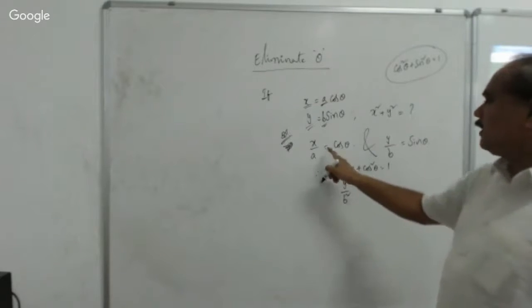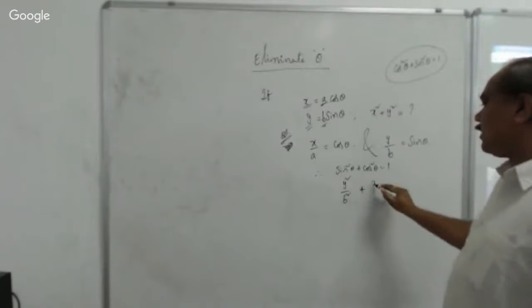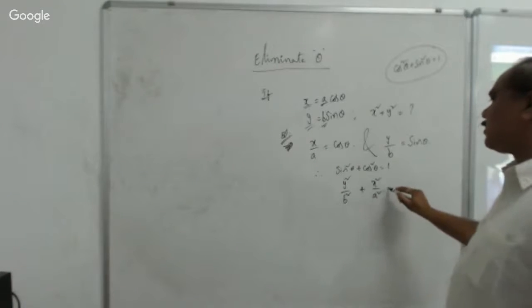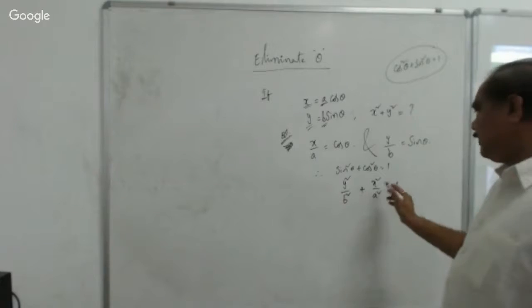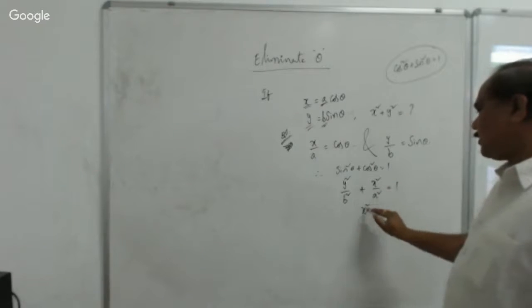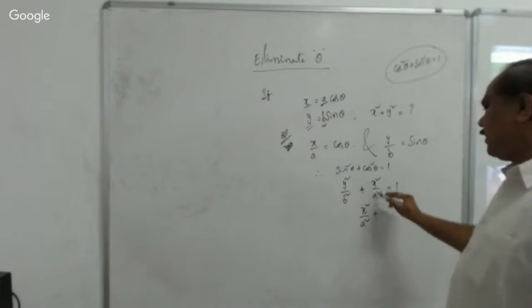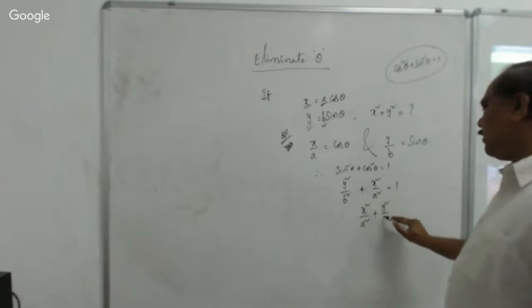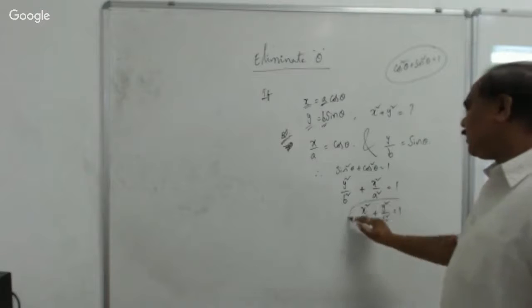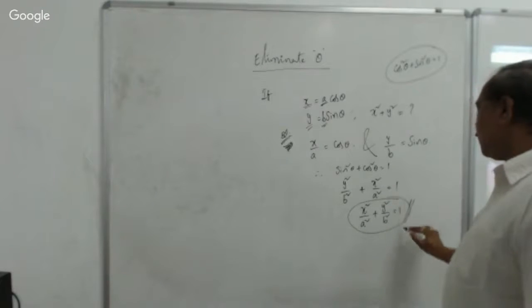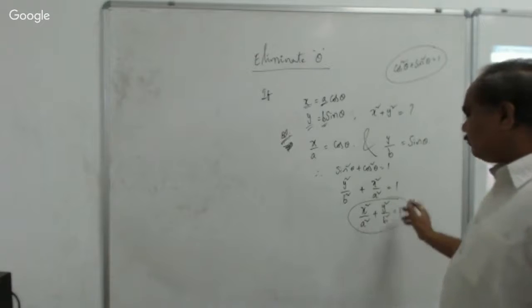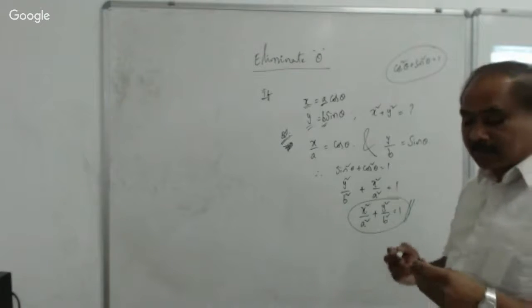What about cos square theta? X by a whole square, x square by a square, equal to 1. The final result is x square by a square plus y square by b square equal to 1. By eliminating theta, we are getting the equation of the curve.